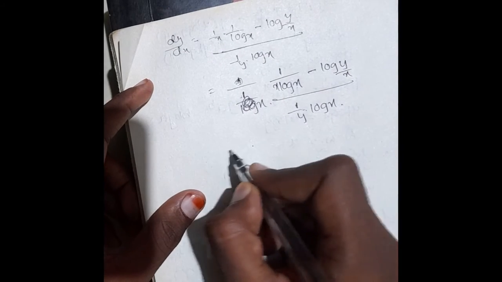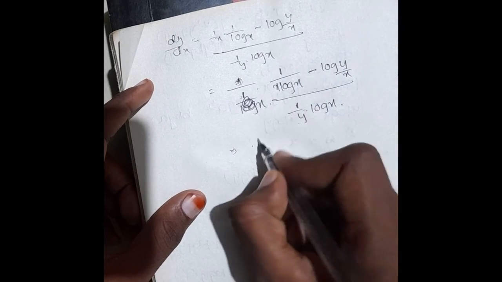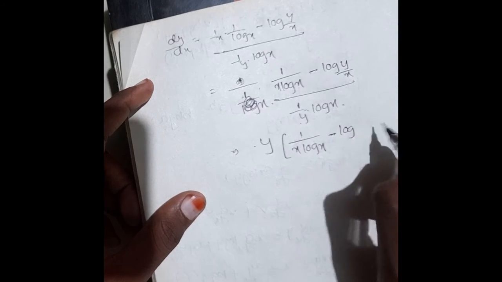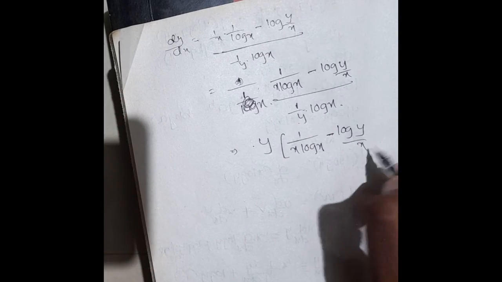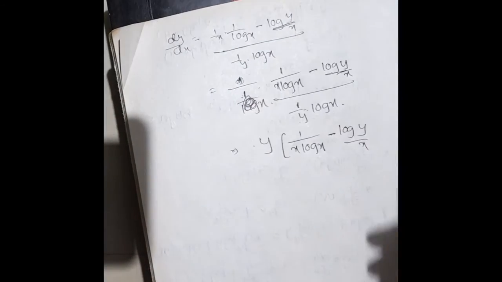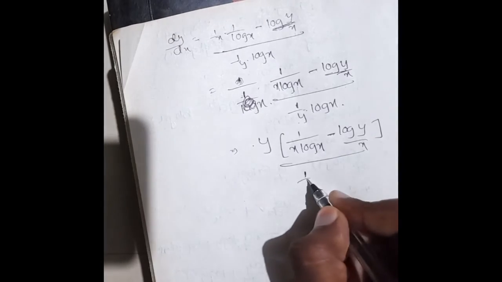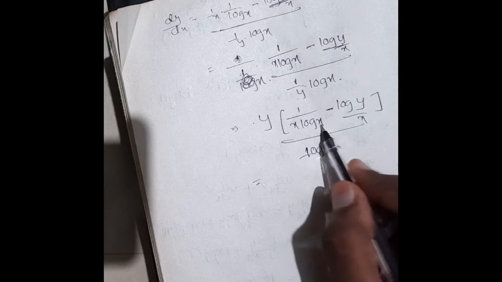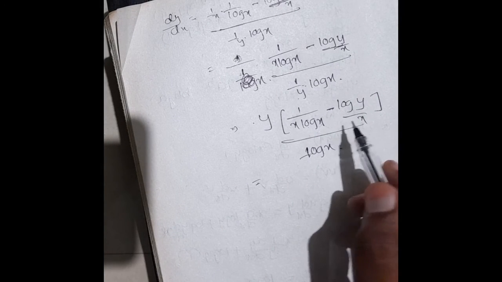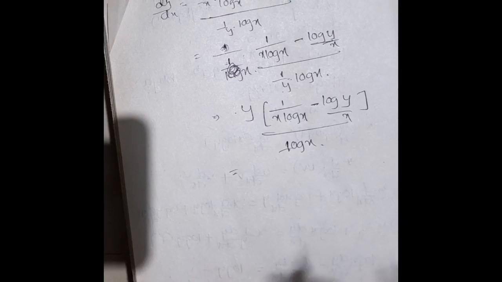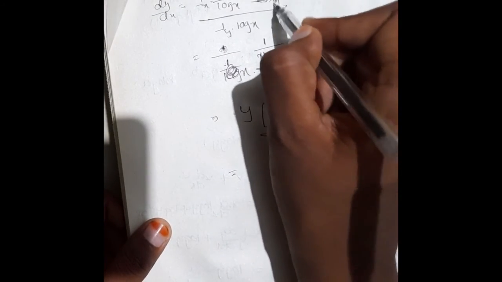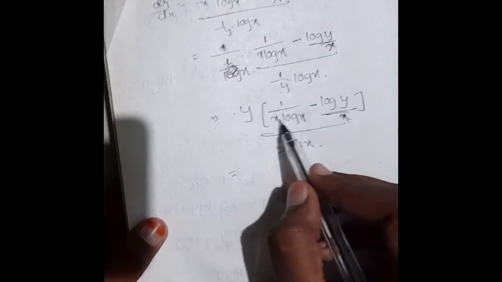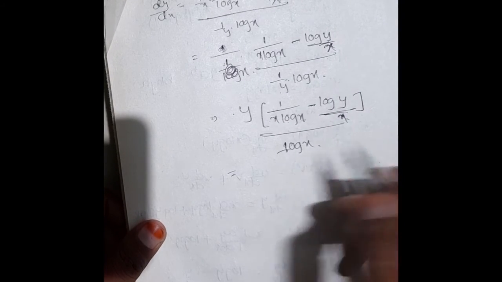Now y goes to the numerator: y times 1 by x log x minus log y by x, the whole by 1 by only log x, right? So now what is the LCM of x log x and x here? That is x log x.